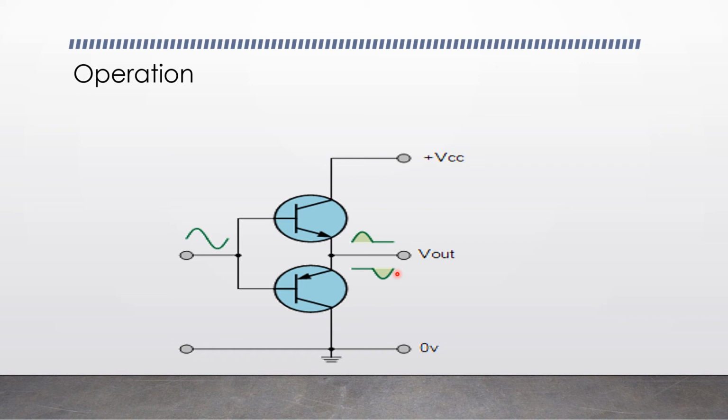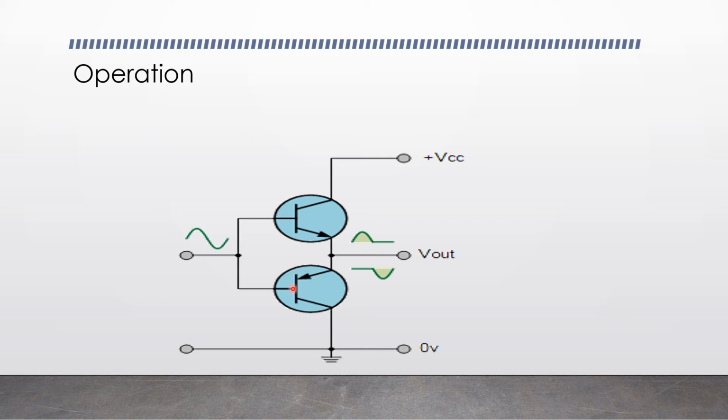So the result is that a small part of the output waveform at the zero voltage crossover point will get distorted.